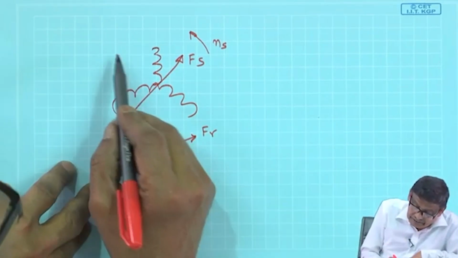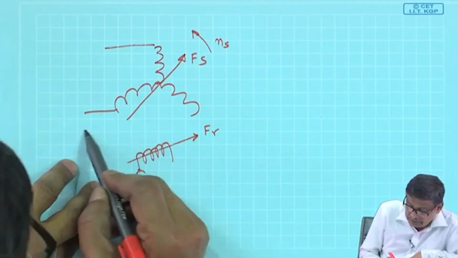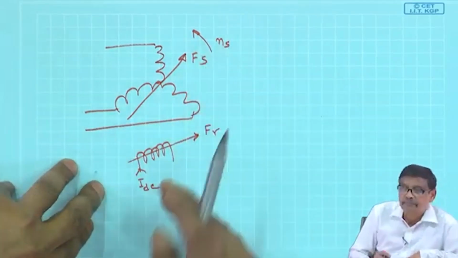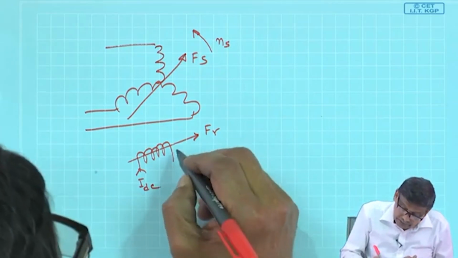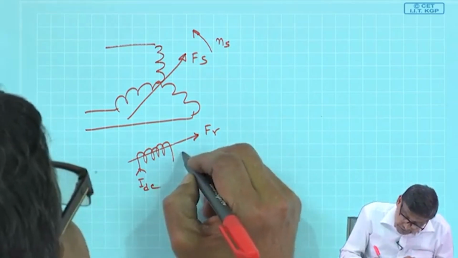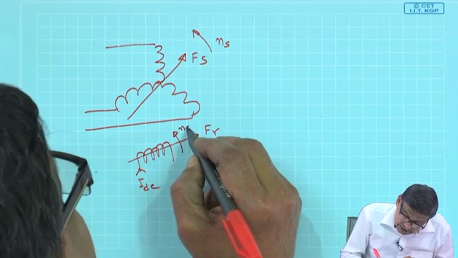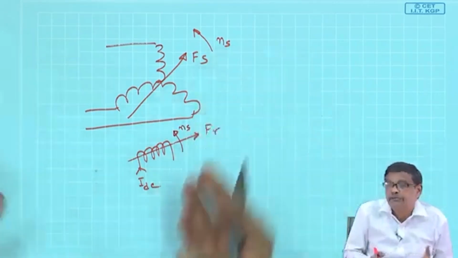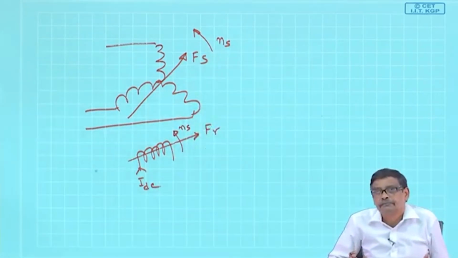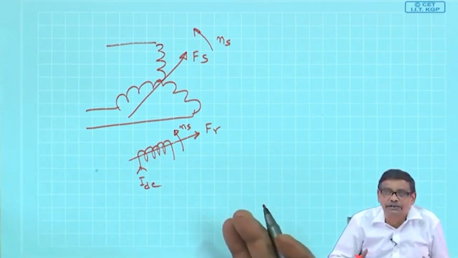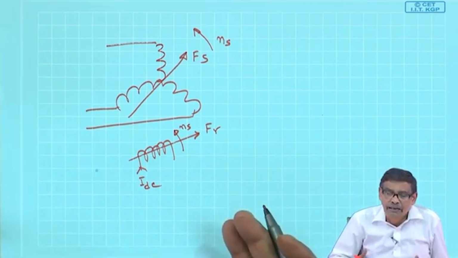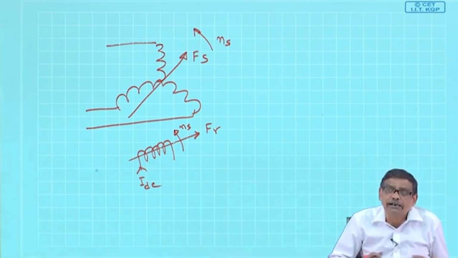If this machine has to work, I must conclude that the rotor physically must also rotate in the same direction with the same speed. Then only this motor is going to work, because that is the fundamental requirement.